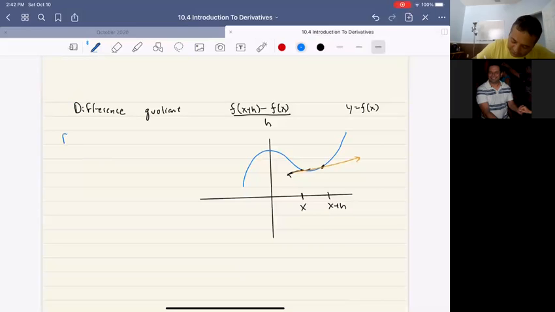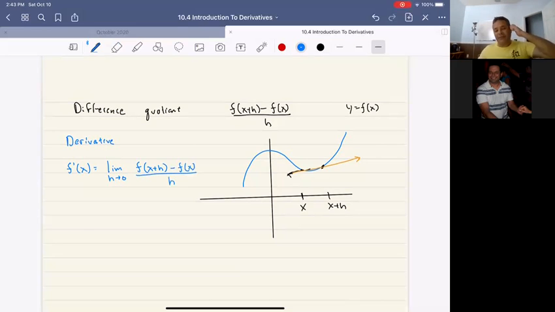So the derivative, that's f prime of x equals, now we're going to take the limit as h goes to 0, f of x plus h minus f of x divided by h.